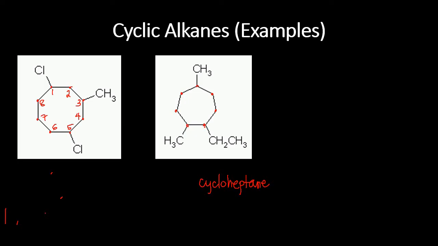Ayan. So we start doon sa substituent na magbibigay sa atin ng pinakamababang sum. Pinakamababang sum. So let me show you. If we start from this one, 1, 2, 3, 4, 5, magkakaroon tayo ng numbering of the, let's continue, 6 and then 7.